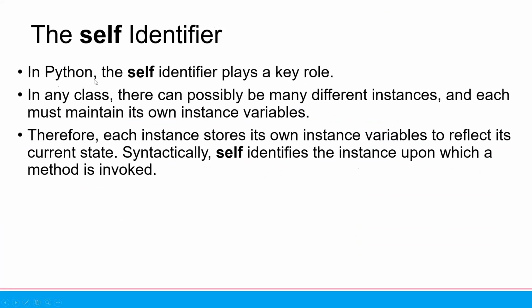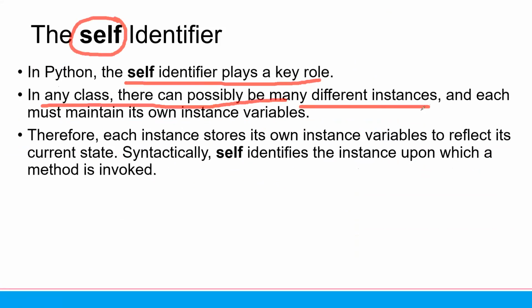When we use the attributes later, we need to have self. The self identifier plays a key role. In any class, there can possibly be many different instances, and each must maintain its own instance variables.